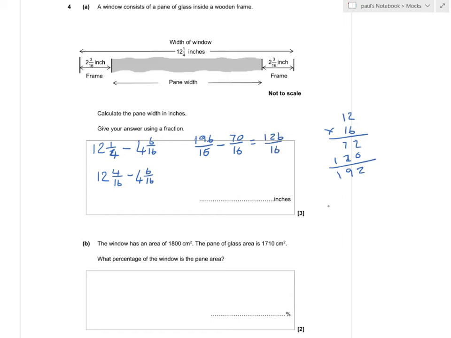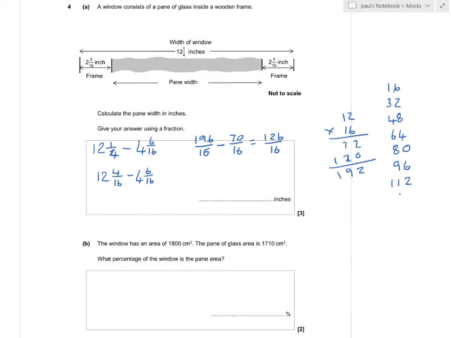Yay, this is awkward. Right. So let's do the 16 times table, yeah? So 16 till we get to 126. 16, 32, 48, 64, 80, 96, 112.